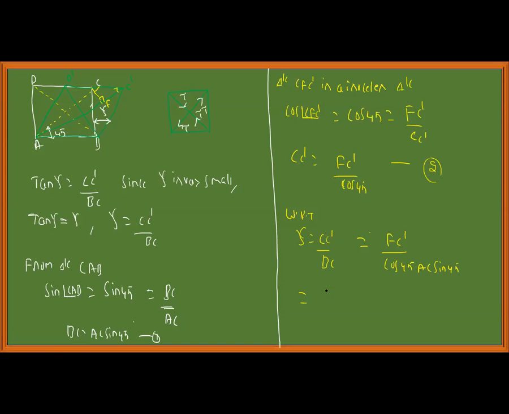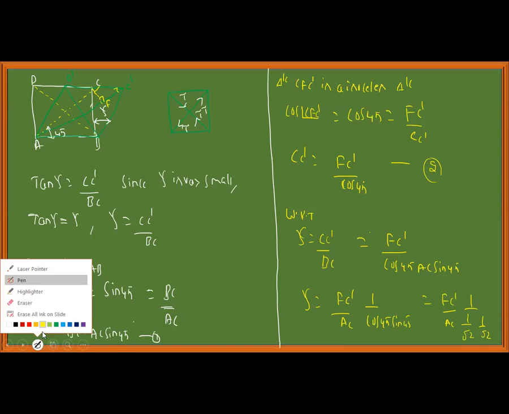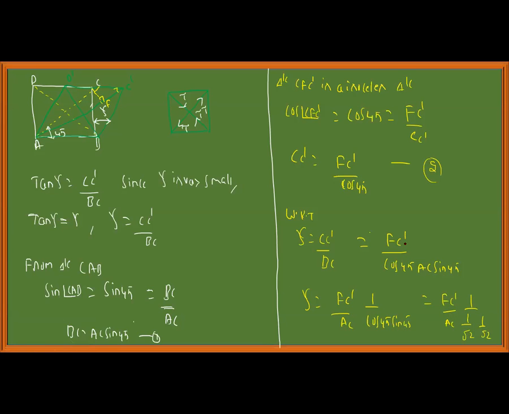Therefore gamma is equal to FC' by AC, 1 by cos 45 into sin 45, which is equal to FC' by AC into 1 by root 2, 1 by root 2, which is 2 times FC' by AC. This is the important relation.